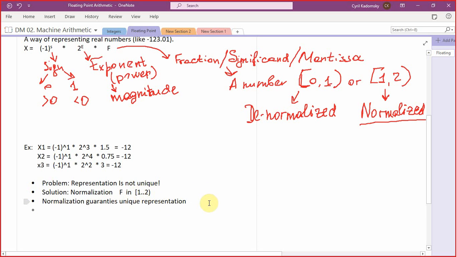Because fraction multiplied by 2 and fraction divided by 2 both are not in range from 1 to 2.